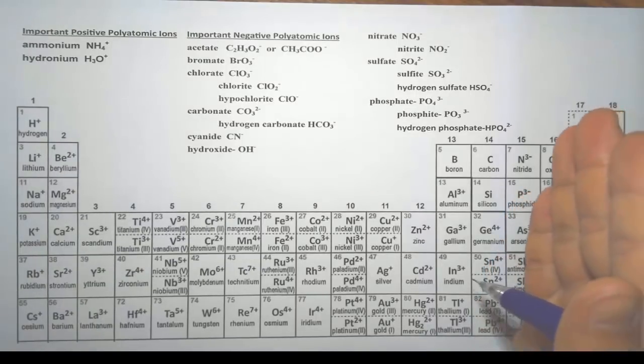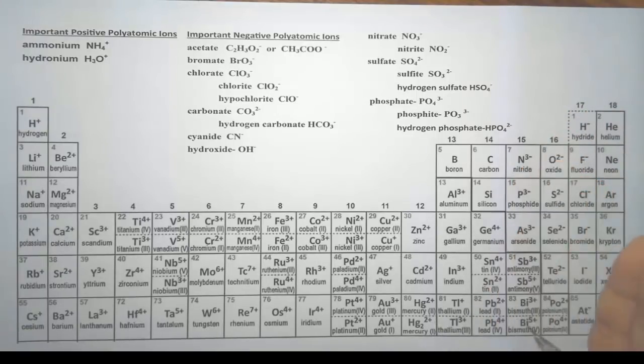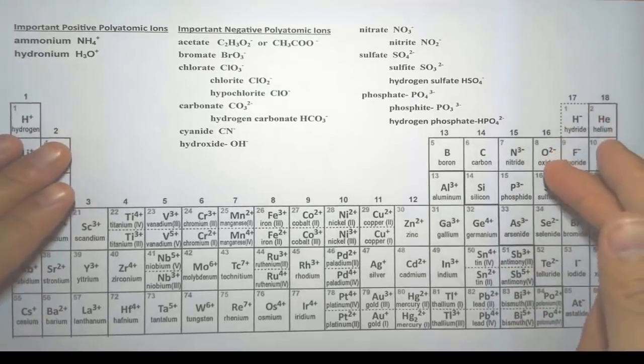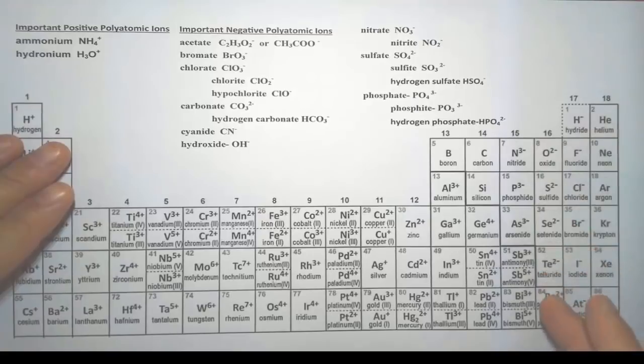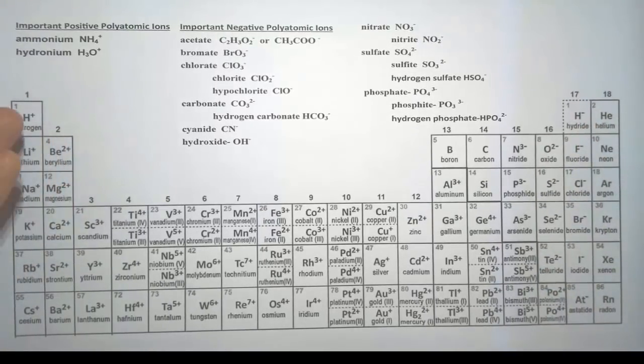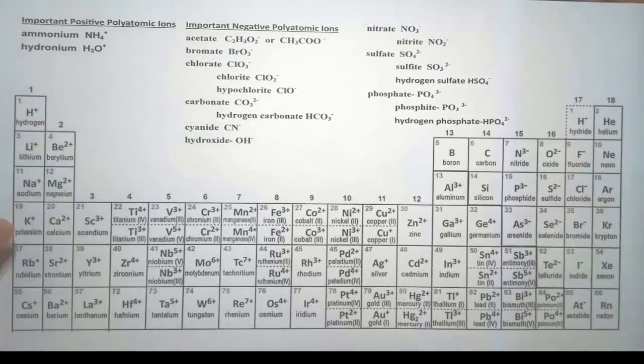And then we go into 5A, 6A, 7A. That group number is also directly related to the number of electrons needed to be gained to be stable. For 5A, they all have 3 minus. For 6A, they will have 2 minus because they will gain 2 electrons to be stable. And 7A needs to gain 1 more to be like one of the noble gases. That's why it has 1 minus.